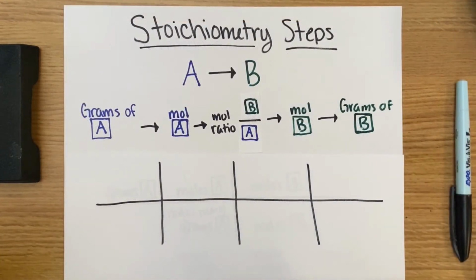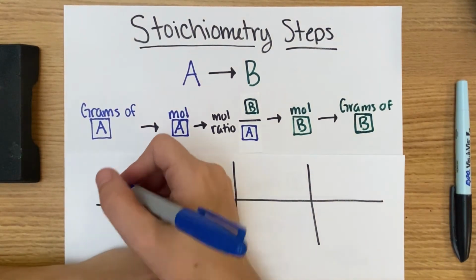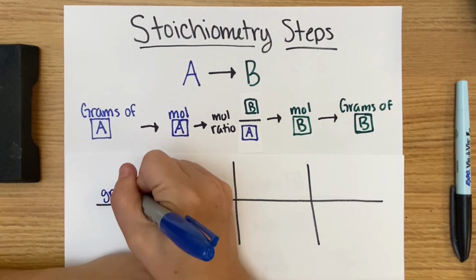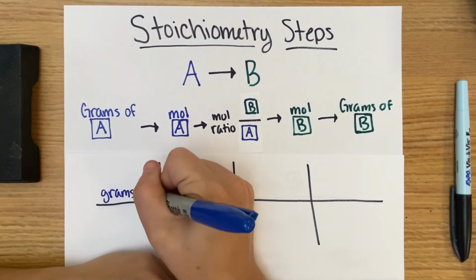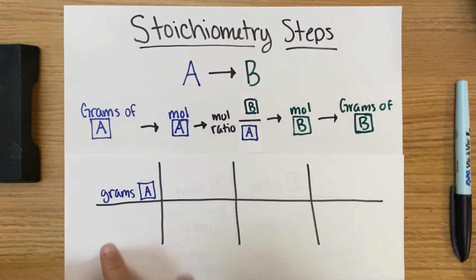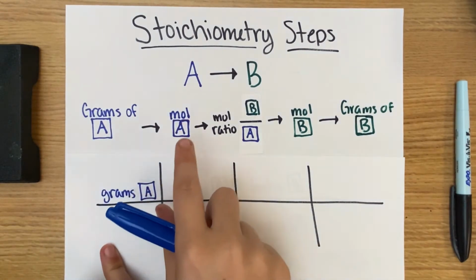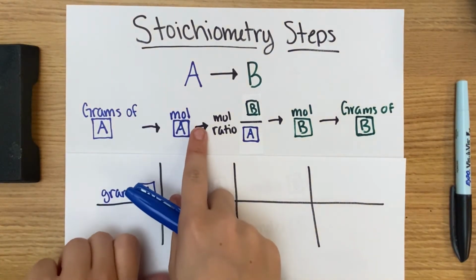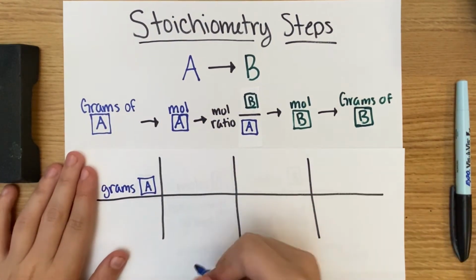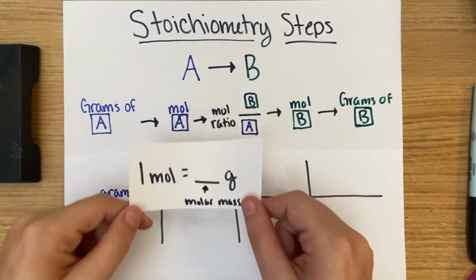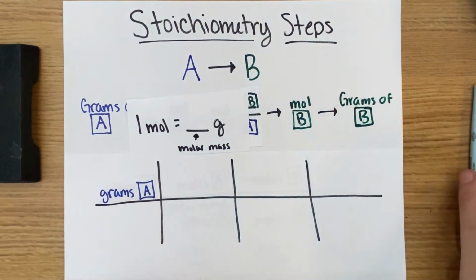So let's see what this is going to look like as a T-chart. Your given is going to be your grams of A. This first step is going from grams to moles. How do we convert from grams to moles? Well, we're going to have to use the molar mass. Remember, this is what our conversion factor looks like for molar mass.